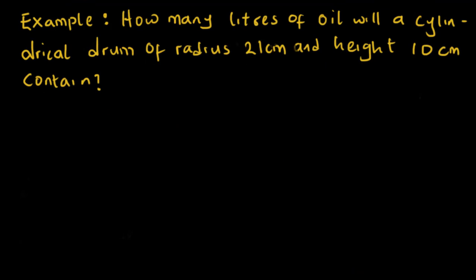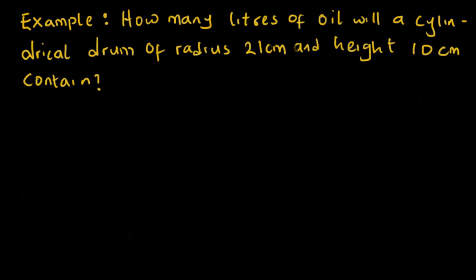How many liters of oil will a cylindrical drum of radius 21 centimeter and height 10 centimeter contain? Now, anytime you are asked how many liters of something or how many centimeter cube something will contain, that's basically the volume of that shape.